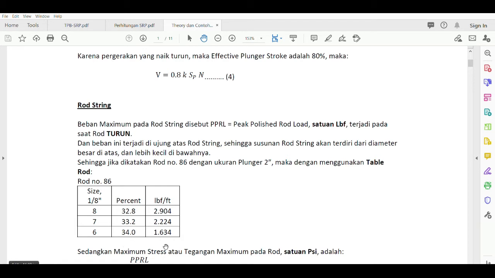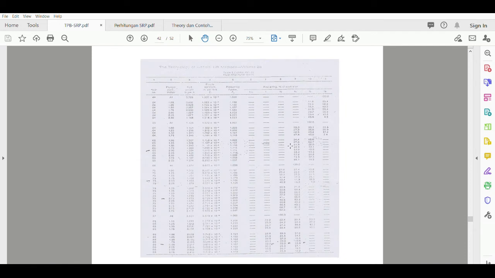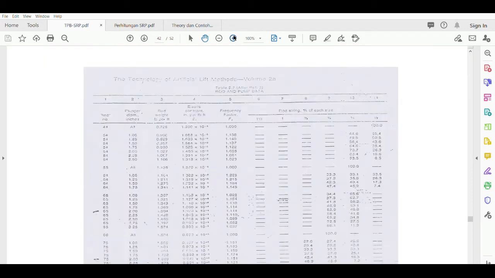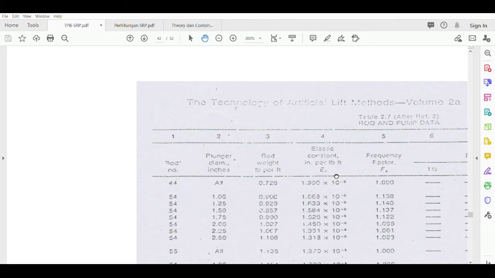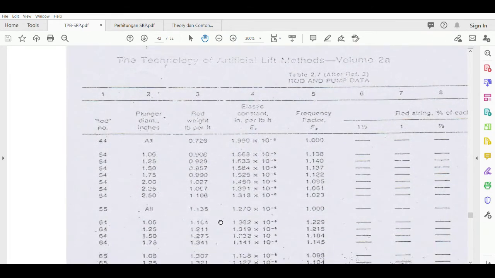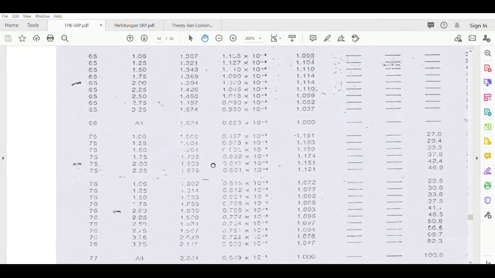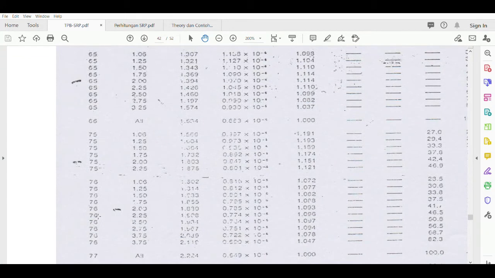And for this composition there is a rod table. You can see it here in the rod table. I will give you a clearer one than this, actually this one is not very clear. So you can see that if you say 86, 76, 76 means 7 and 6.